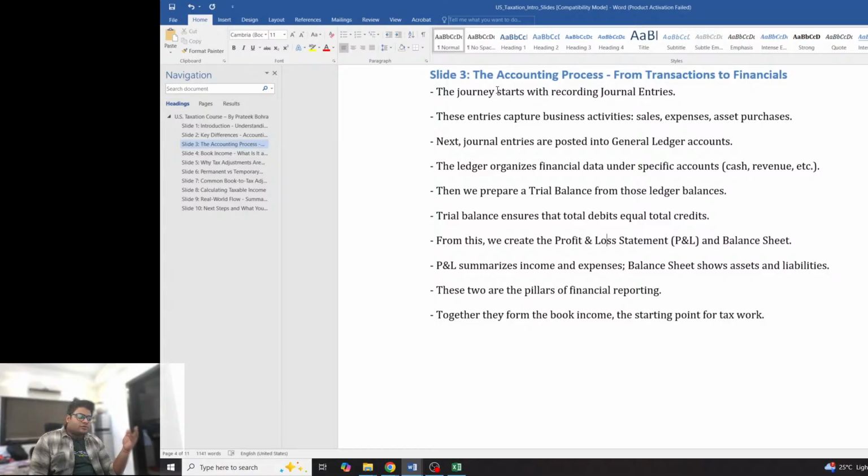You might have gone to a restaurant 200 times. But in the general ledger, what you will see is all those 200 transactions recorded into that general ledger, and whatever is the ending balance of the general ledger will get posted into your trial balance.